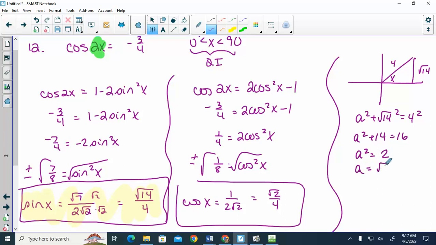We know it's a positive, so we get the square root of 2 for that side. And so then if you're finding cosine, that's adjacent over hypotenuse, and you get the radical 2 over 4 as well. So you have to use the formula to find the first one. Once you have one, you can either repeat the formula or use a triangle to get the second one. Does that make sense?